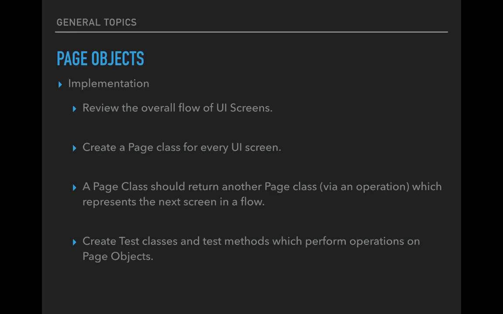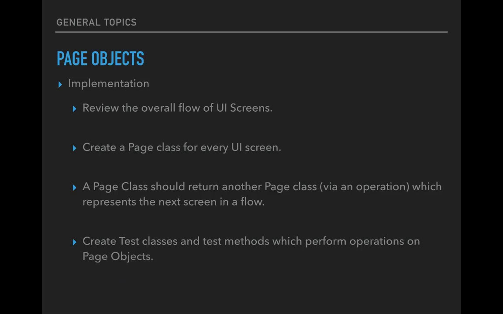Now, when we move on to the implementation of page objects, you might be wondering, how should I implement this? I've designed a general pattern for you guys. This is not something particular to a specific technology, so there are different nuances to the technology you might be using.